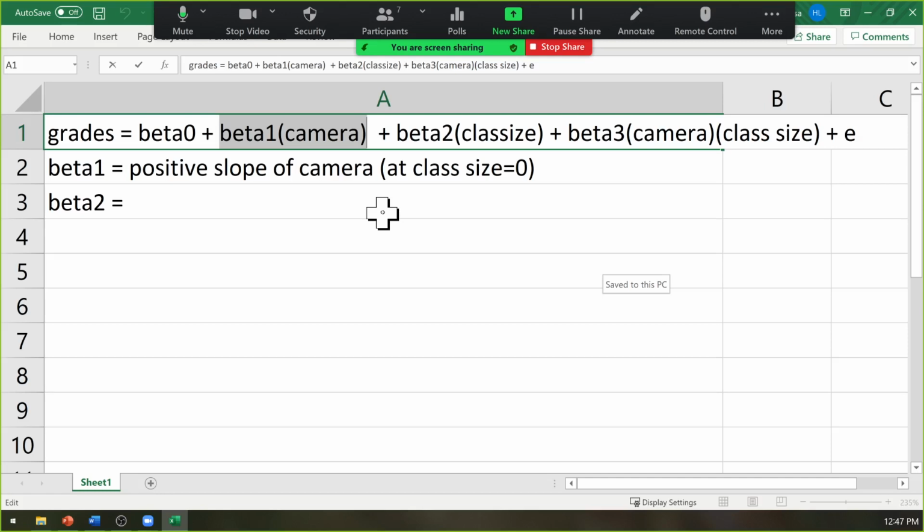Now the tricky part, the interaction term. What's the sign going to be? The hypothesis was that the use of a camera matters more in smaller classes. I was going to guess less positive.